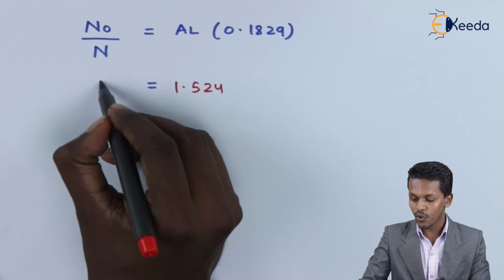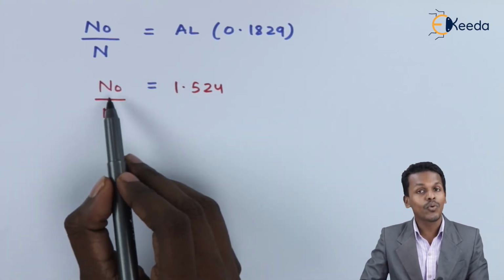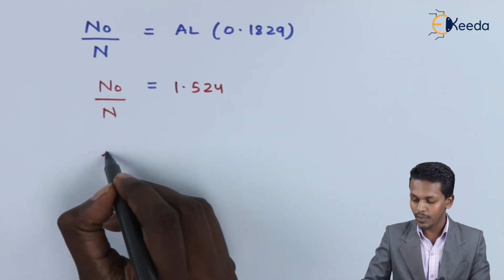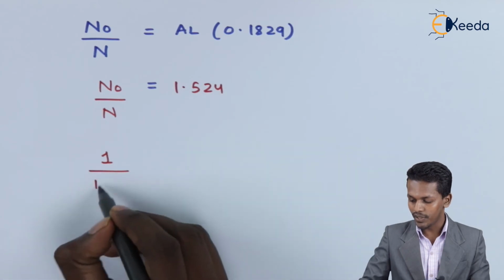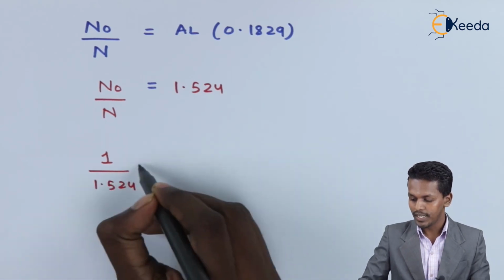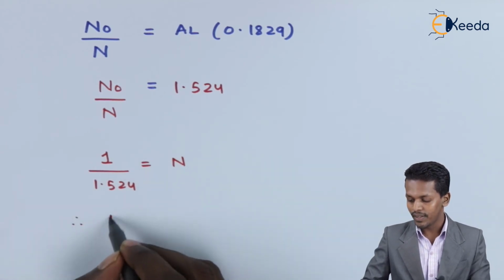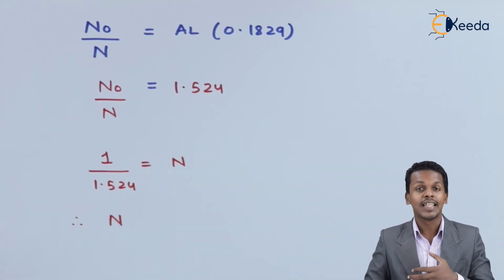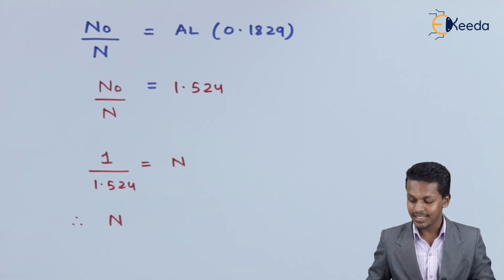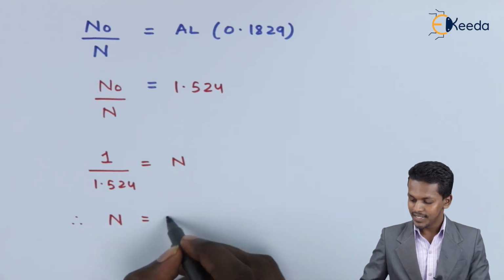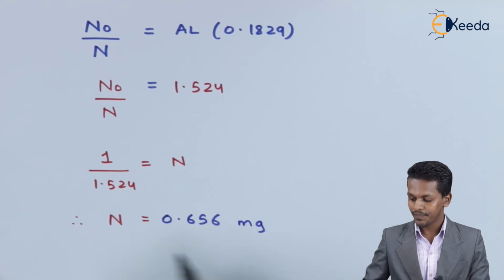This is the ratio N naught divided by N, and we already know N naught is 1 milligram. So 1 milligram divided by 1.524 equals N. Therefore the amount left after the decay is 0.656 milligram.